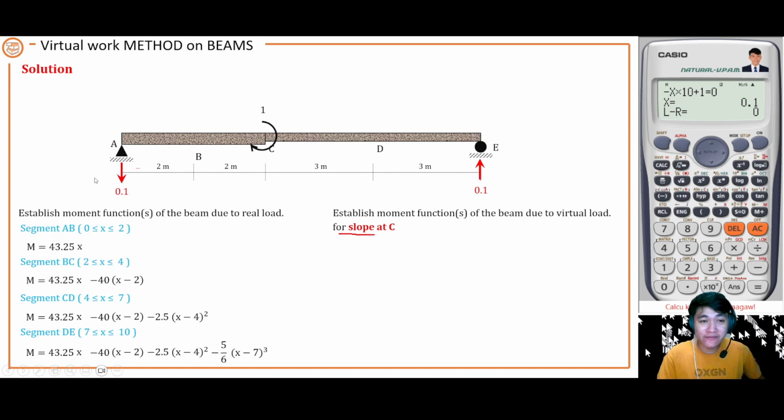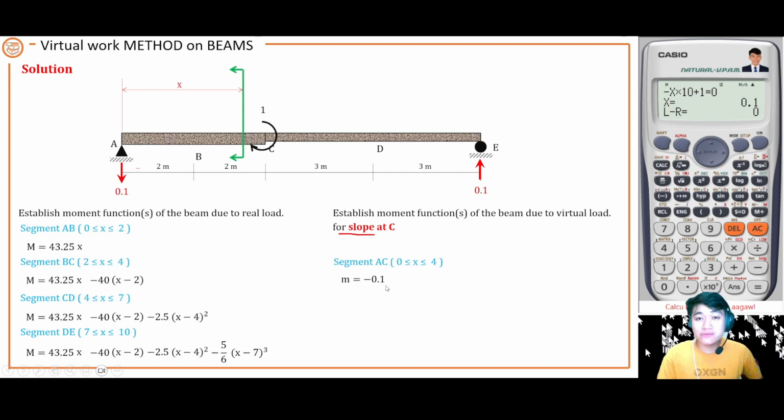So having loads, we have two segments, A to C and C to E. Let's solve the moment function for segment A to C. By cutting a section anywhere between A and C, at distance x from the leftmost part of your beam, we have negative 0.1 about this cutting section, which is counterclockwise.